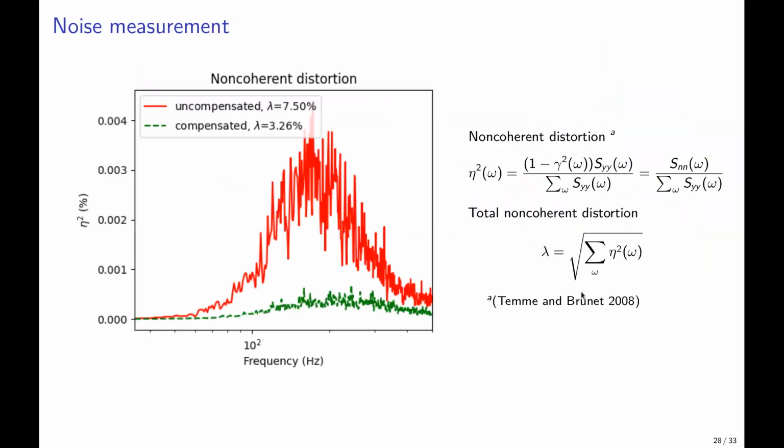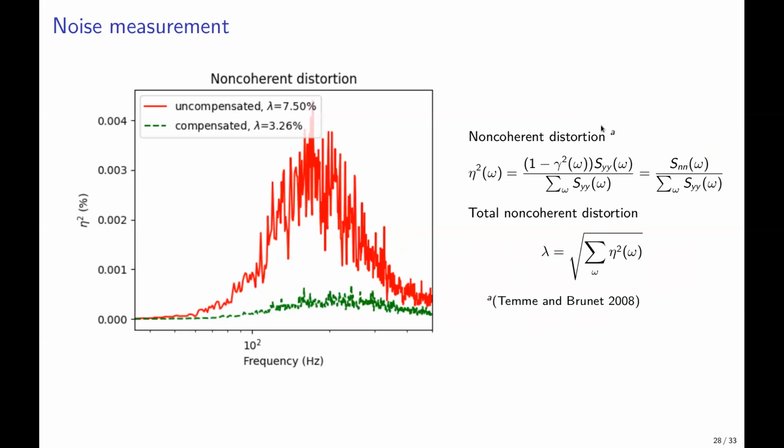All right. Okay, and then the last way you can look at this problem is that we want to have not only sweeps or two tones, but some kind of random signal. For example, pink noise, which could also be music. Here you use pink noise, and then you look at the non-coherent distortion. Non-coherent distortion is computed from the coherence.